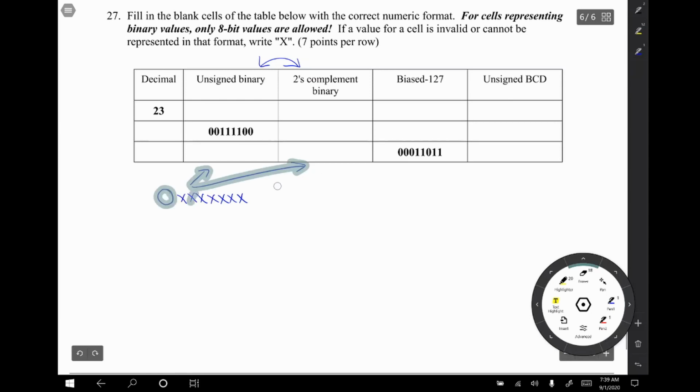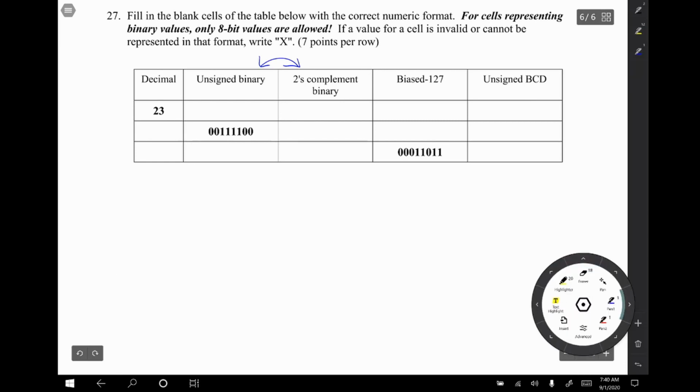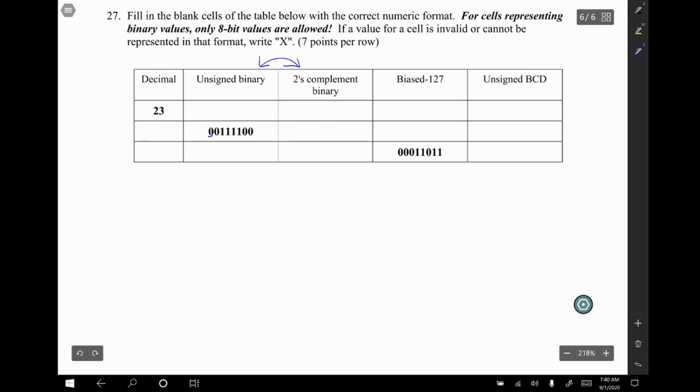So if you're looking at something like this problem, the second row, where I have an unsigned binary number that starts with a 0, well, that starting with a 0 indicates that it's going to be exactly the same in two's complement binary. So we just simply copy 0, 0, 1, 1, 1, 1, 0, 0.